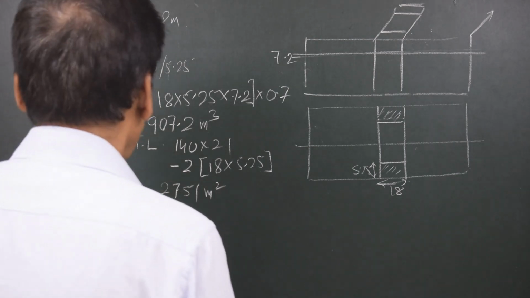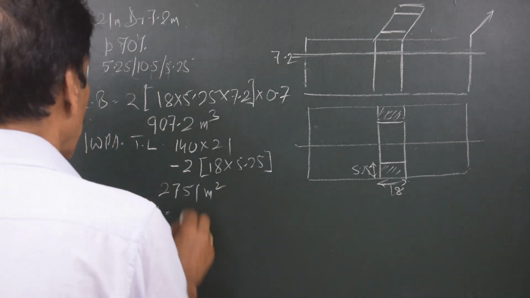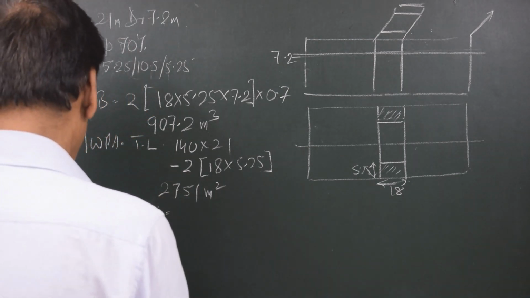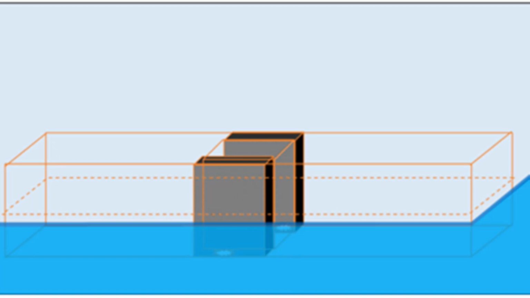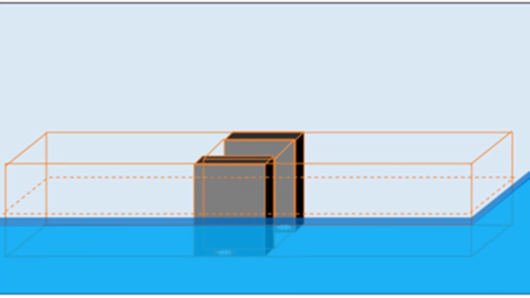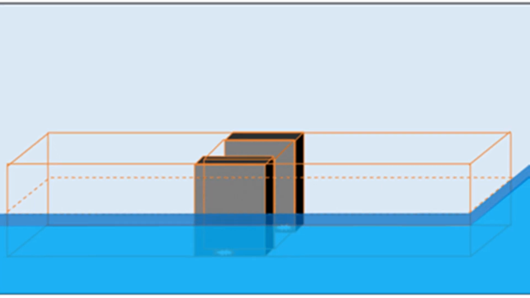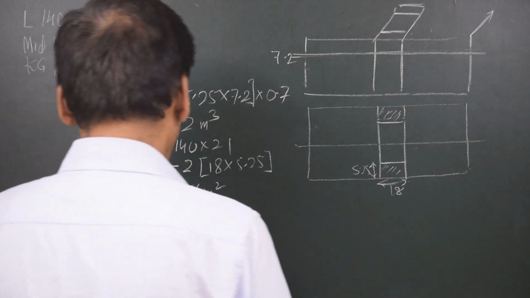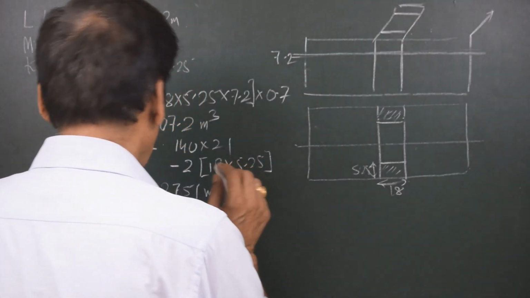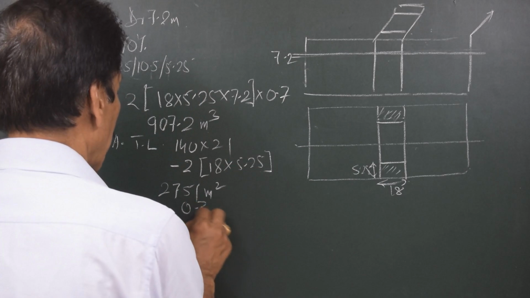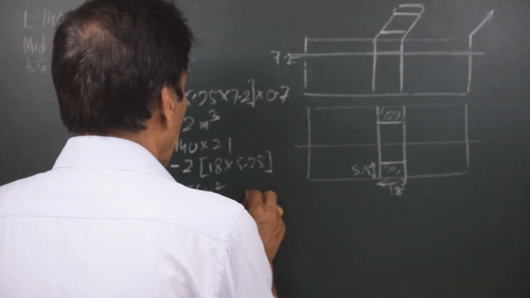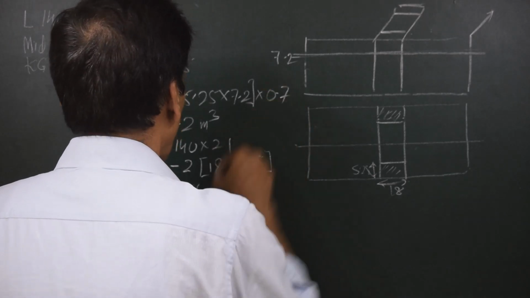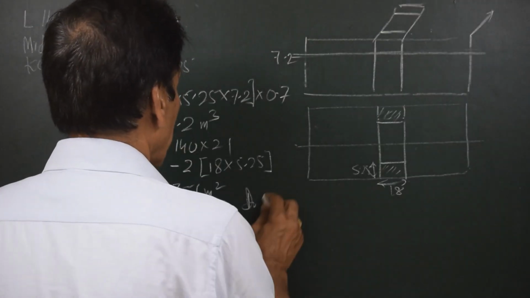Sinkage is going to be lost buoyancy upon intact water plane area. So 907.2 divided by 2751 gives me 0.3297 or something like this. You can say 0.330. So the final draft is going to be 7.2 plus 0.330.